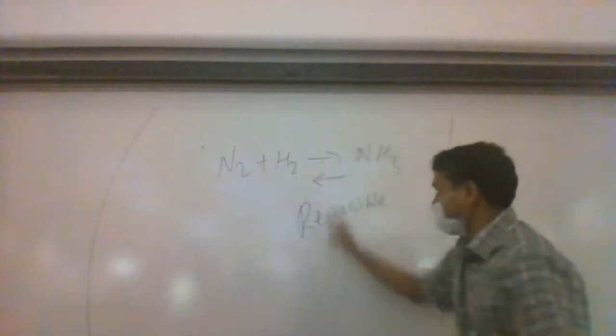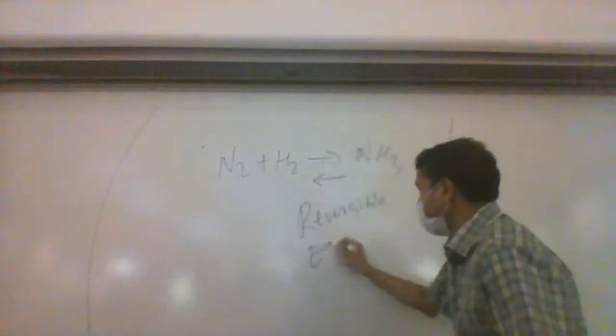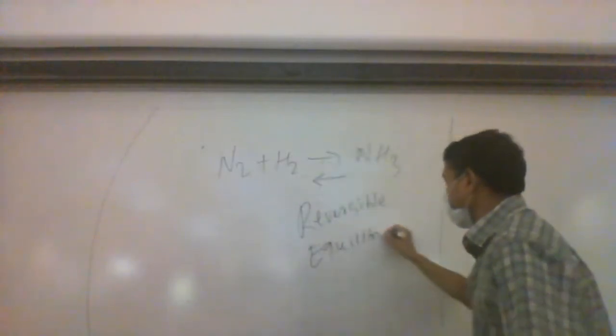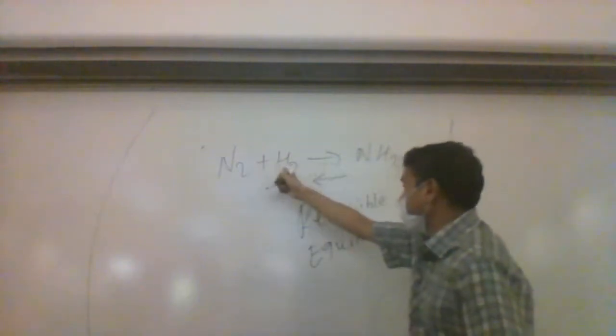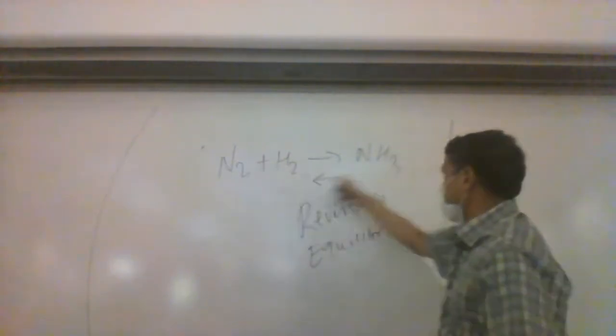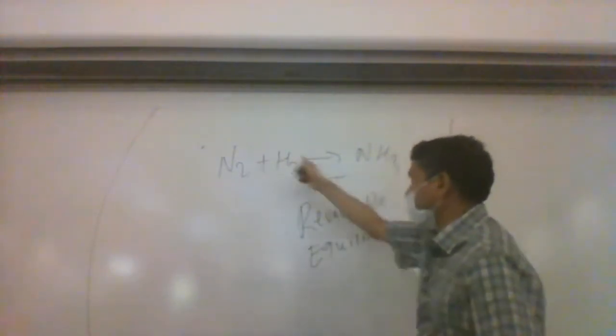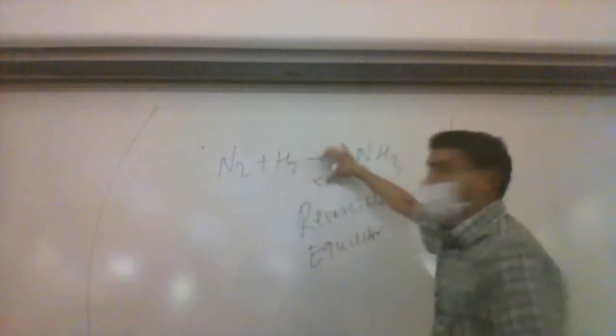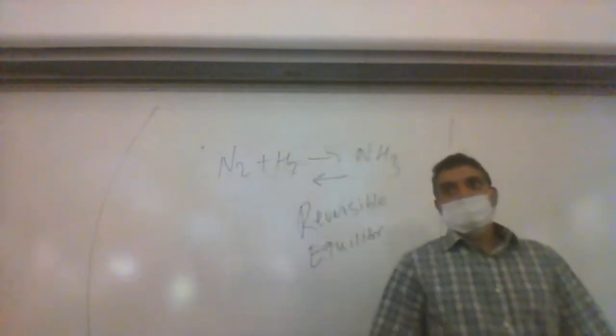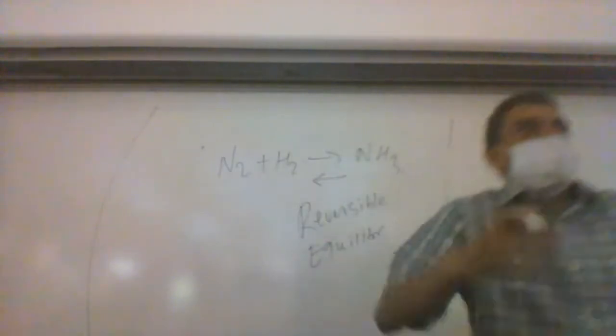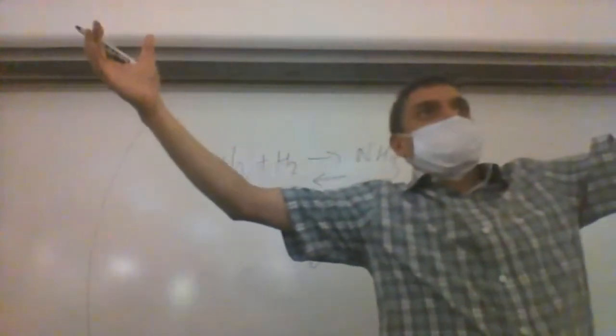If you see these two arrows, that means it is in the condition of equilibrium, meaning that as many molecules are decomposing as are being formed at that condition. To begin with, maybe many ammonia molecules are being formed.